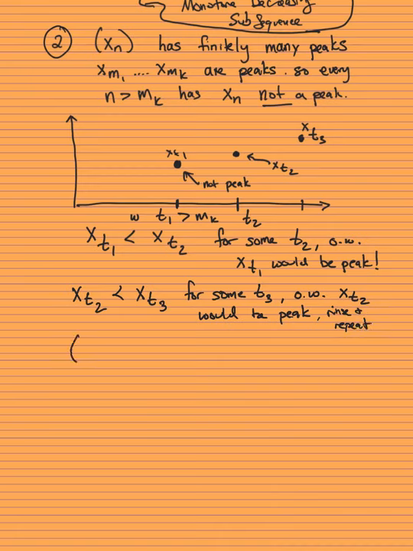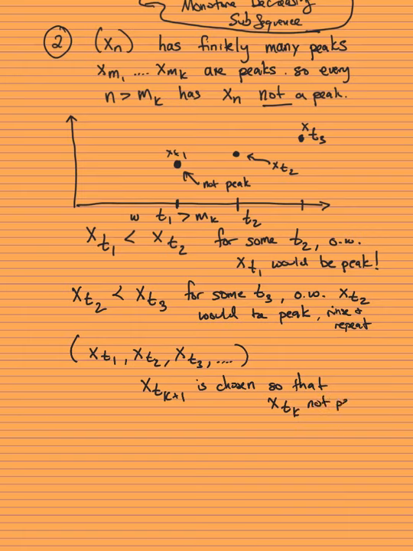So in particular we have x sub t1, x sub t2, x sub t3, and so on, where x sub t sub k plus 1 is chosen so that x sub tk is not a peak.